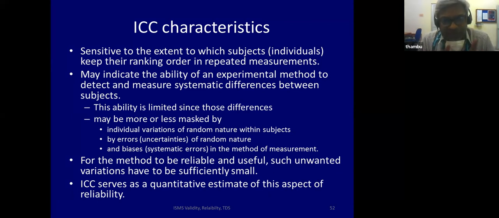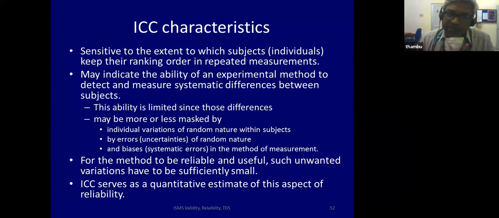So the ICC may indicate the ability of an experimental method to detect and measure the systematic differences between subjects. Now this ability is limited since those differences may be more or less masked by individual variation.